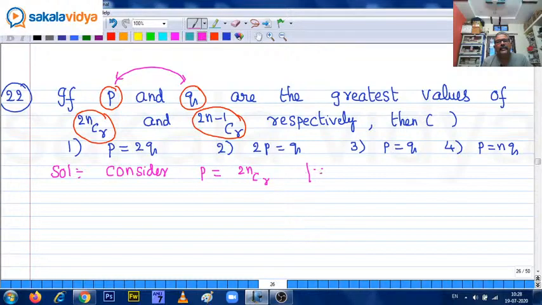See, 2n is an even number. It is maximum at R equal to 2n by 2, which is n.